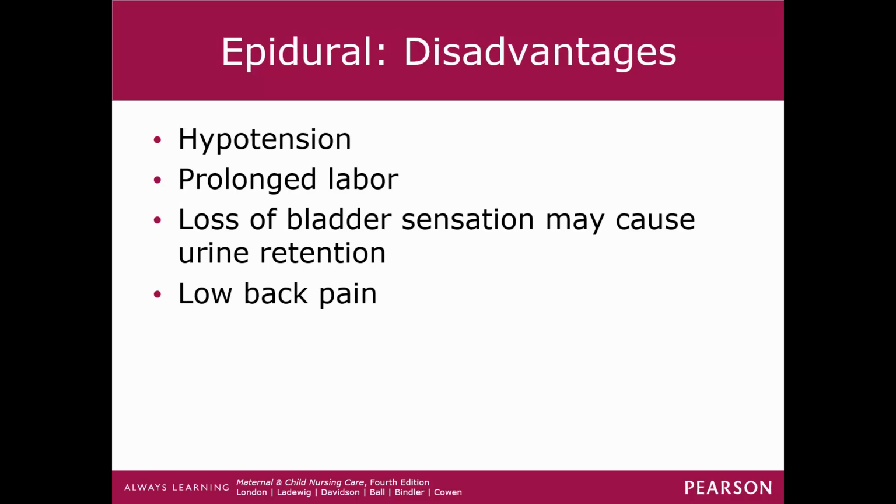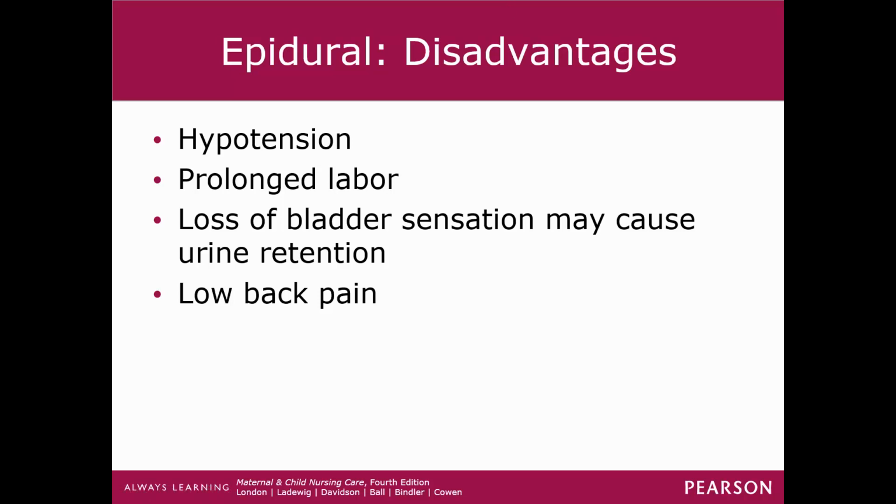Okay. The disadvantages, a couple things I want to point out to you. It causes maternal hypotension. That usually occurs within 30 minutes of placing the epidural. The maternal hypotension can be severe enough that she has signs and symptoms, and we need to treat her for those.